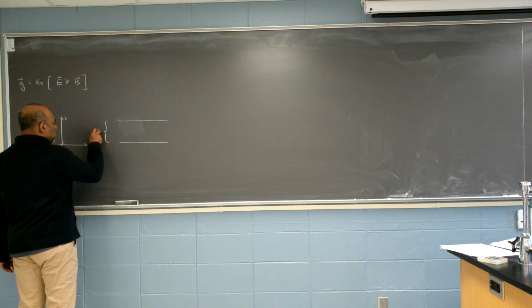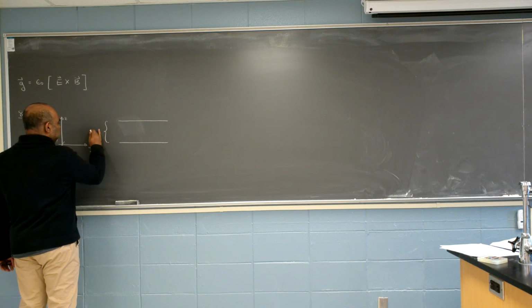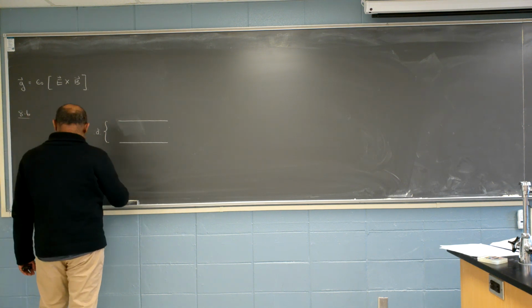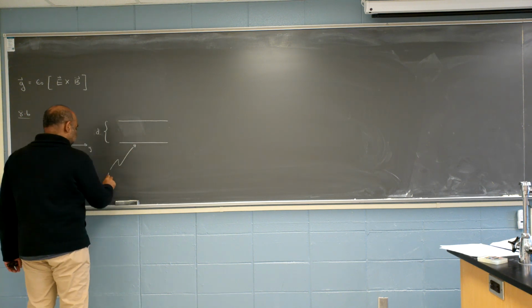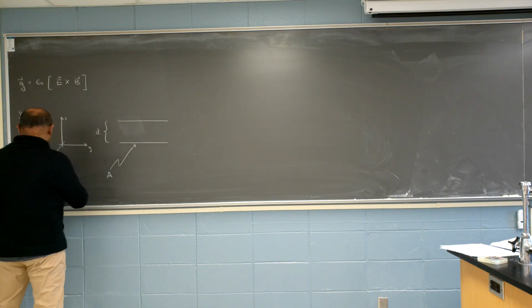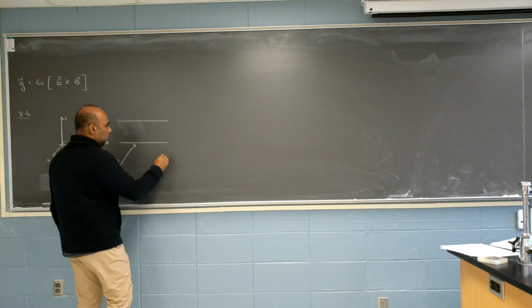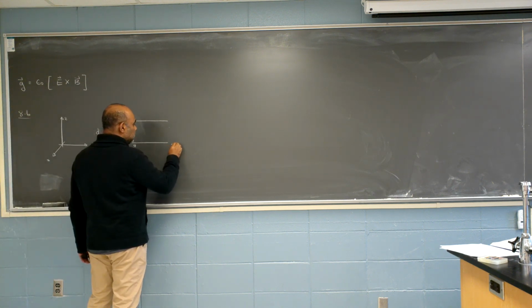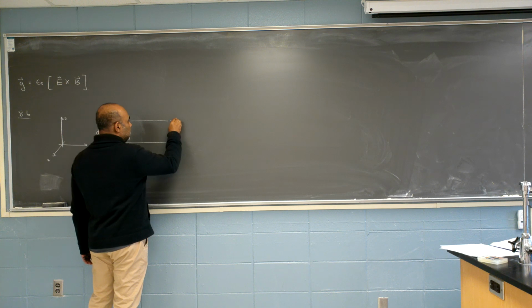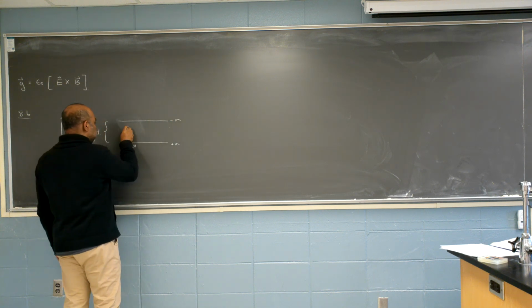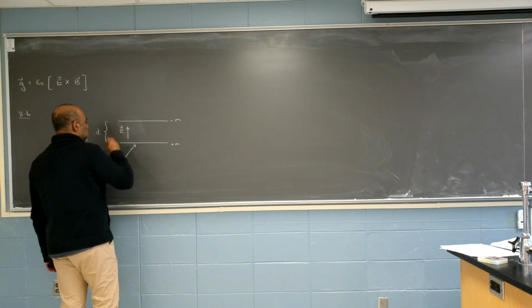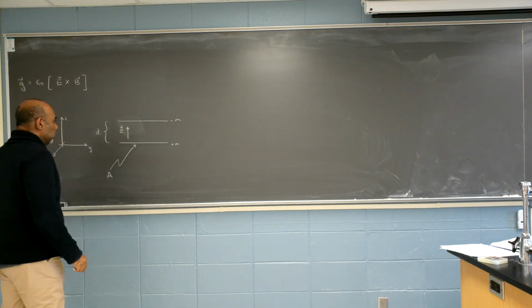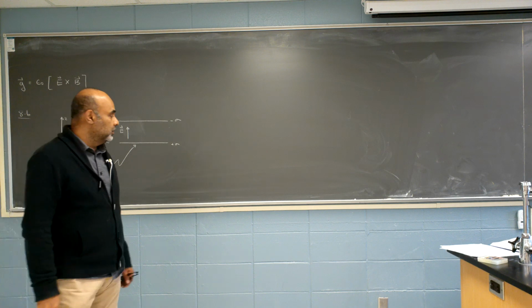Maybe I should do it here. Plate separation D, and area A, and there's plus sigma, minus sigma, so there's an electric field E. Now we've done this sort of problem.